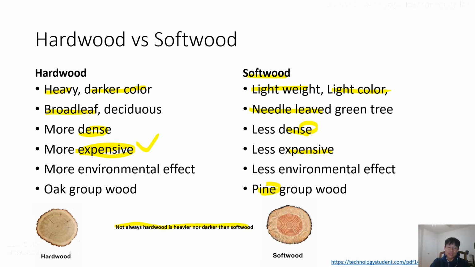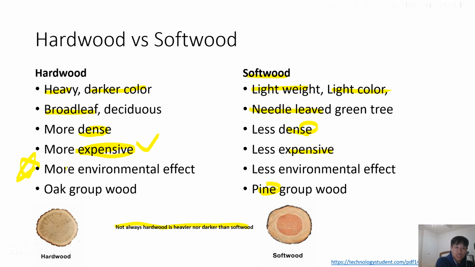This characteristic also comes from its growth. Hardwood grows slowly and lives longer than softwood, but softwood grows faster than hardwood. That's the difference.